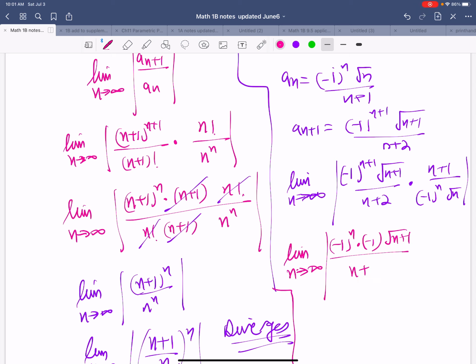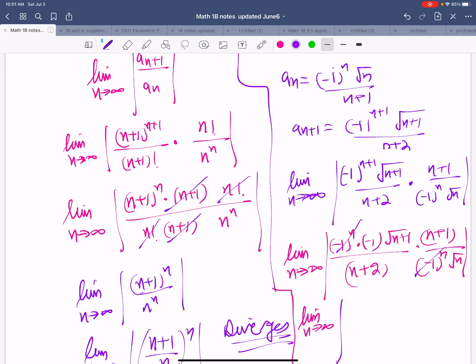In the denominator, I have n plus 2, and I will just leave it as n plus 2. And then I have n plus 1 over negative 1 to the power n square root of n. Okay, so a little bit of cleaning up and simplification. I can get rid of negative 1 to the power n, so that piece is gone.